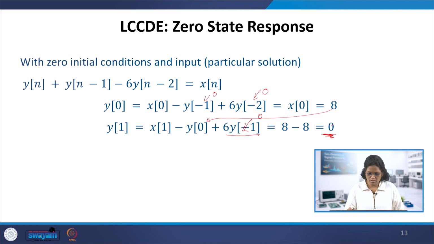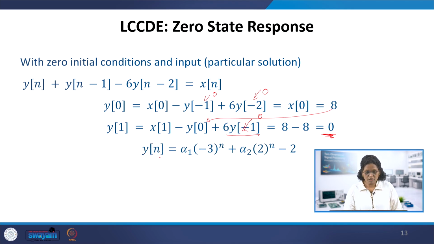Now, using this y of 0 and y of 1, we take the equation y of n equal to the total solution, alpha 1 into minus 3 to the power n plus alpha 2 into minus 2 to the power n. In this we compute for n equal to 0 and use this y of 0, and for n equal to 1 use this 0 over here.